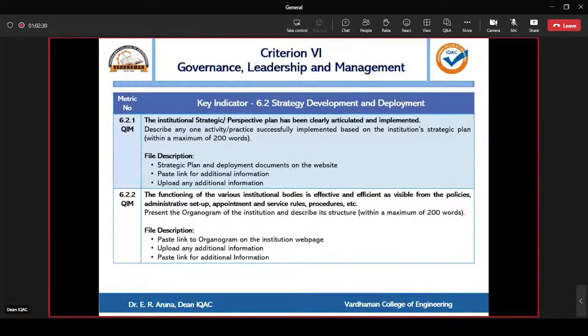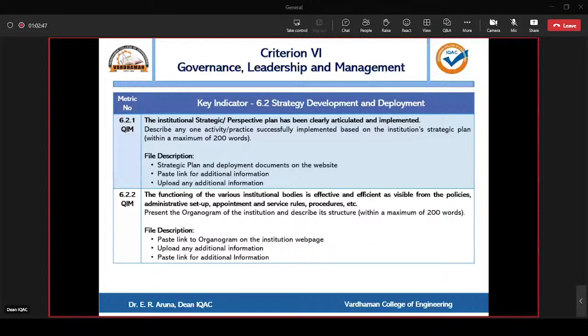Here we can say that statutory and non-statutory committees are in place to administer various activities related to academic and administrative execution, which I already told you, comprising the principal, deans, COE, associate deans, and other senior faculty members.